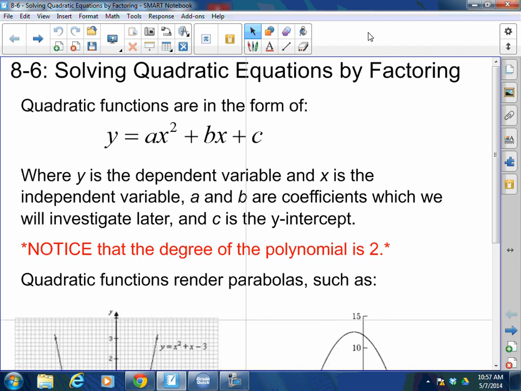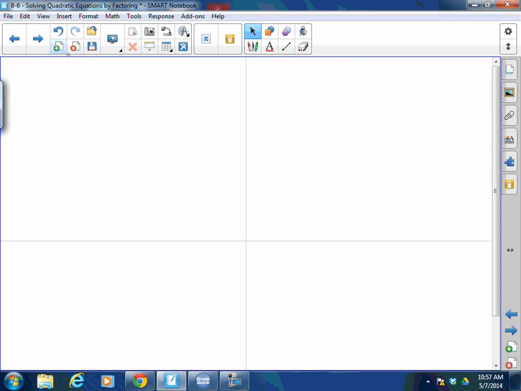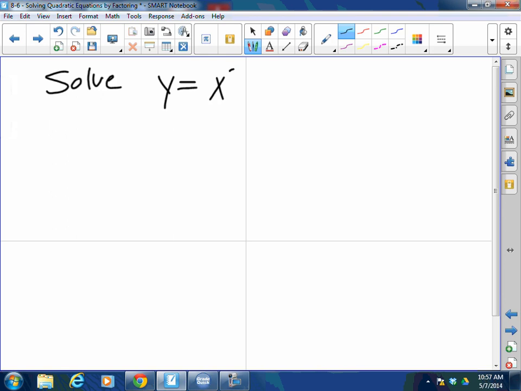I think that's going to be much better for you to understand why Mr. Morrow is making us do this. If I were to tell you, solve, let's say y equals x squared minus 2x minus 3, okay?